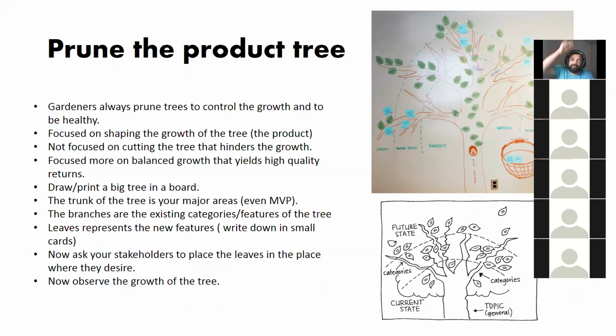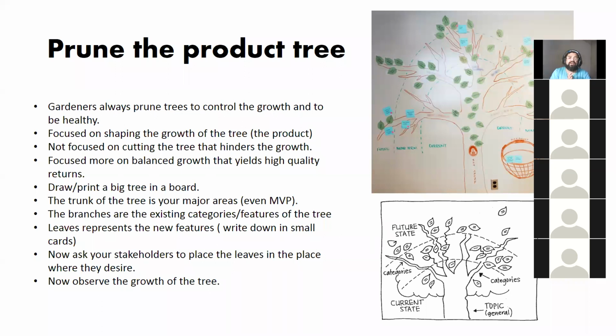Let it go on the top. The main trunk is the MVP of our product. The sub branches are the different categories or features that support the complete MVP. The leaves are the individual features that can be a current new one we need immediately, an existing one, or future ones.